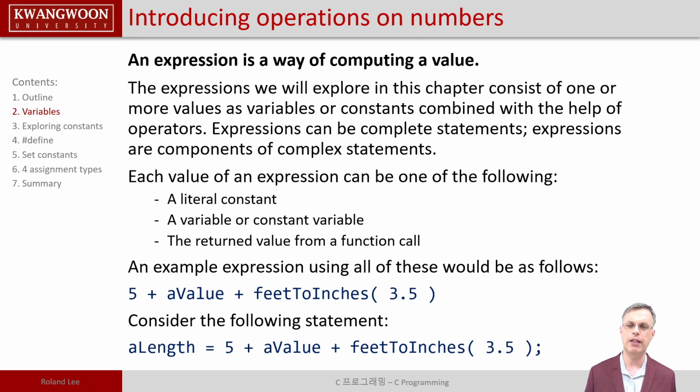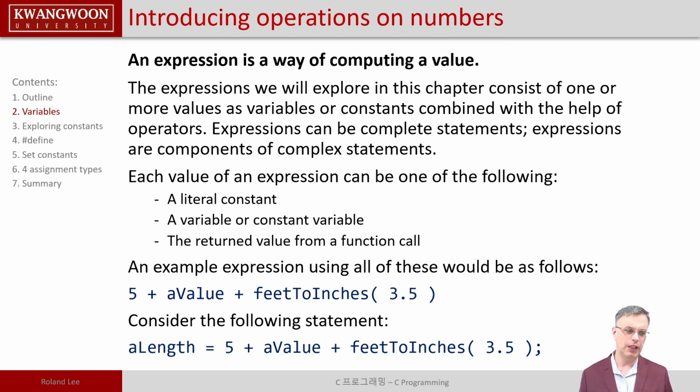Each value of an expression can be one of the following: a literal constant, a variable or constant variable, or a returned value from a function call. An example expression using all of these would be, for example, 5 plus aValue plus feet to inches of 3.5.